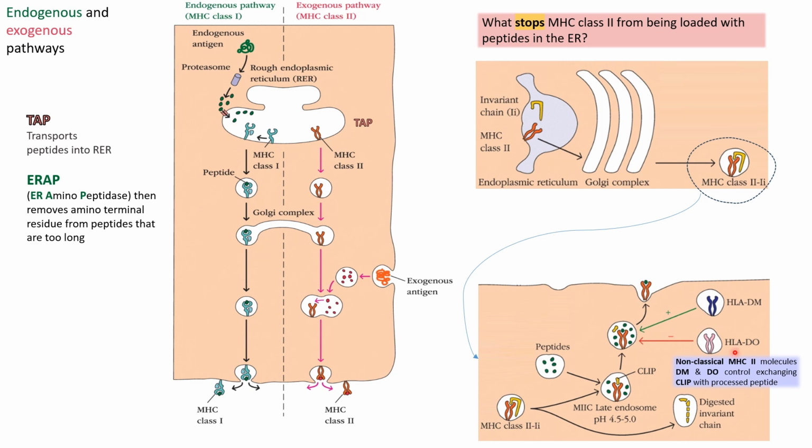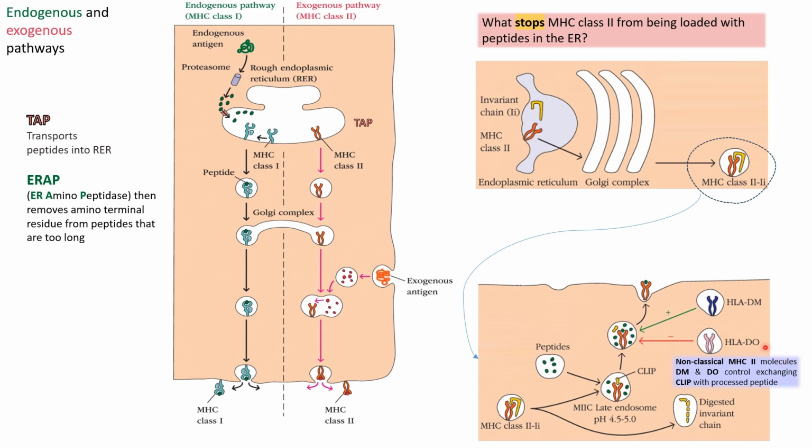And this picture introduces some non-classical MHC molecules which were present on the slide. I did mention that for MHC2 I'll talk about DM and DO. These are regulators that control basically the interaction between this CLIP here and the MHC, and the dynamics of which one is able to bind more strongly. So we have DM, which is a positive regulator, which results in release of the CLIP and binding of peptides, exogenous peptides, to the MHC.